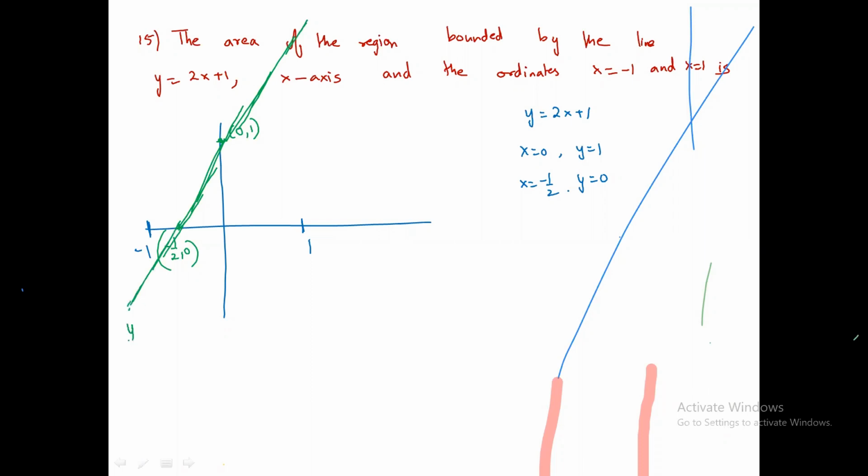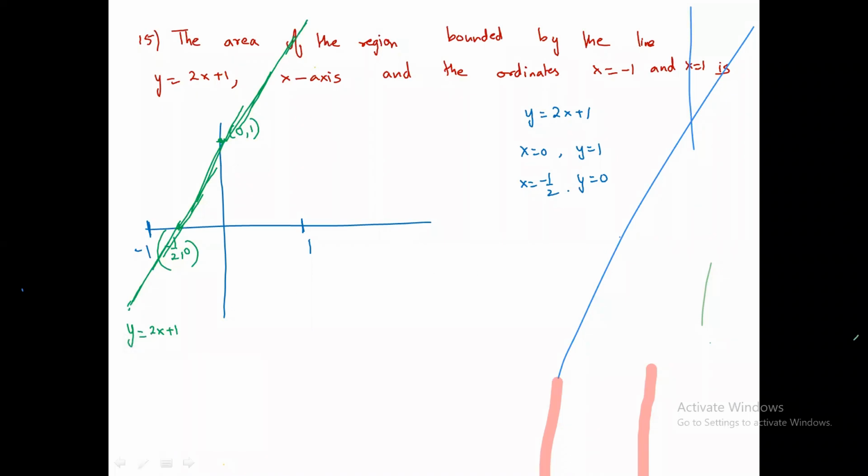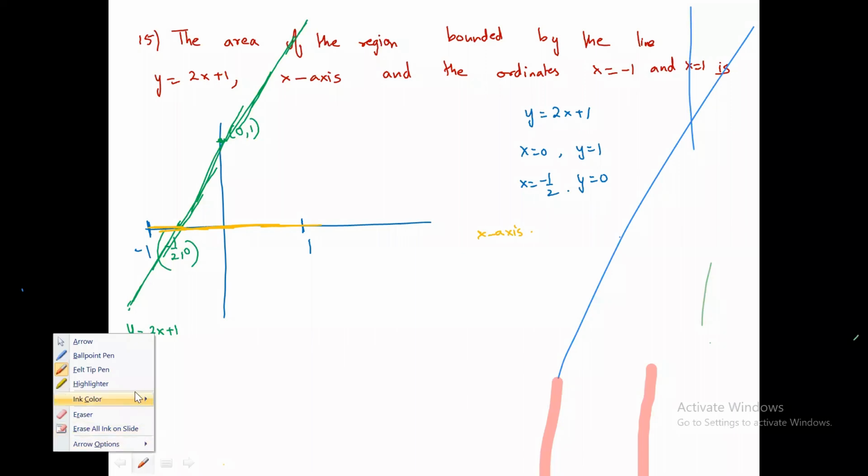So this is the line y equal to 2x plus 1. Okay, once I draw it, what else I have to draw? What else are given? X-axis. So I will take x-axis also into account. This is x-axis.